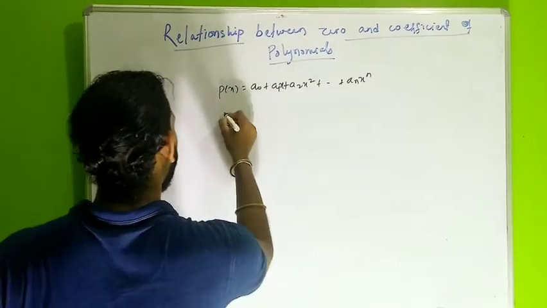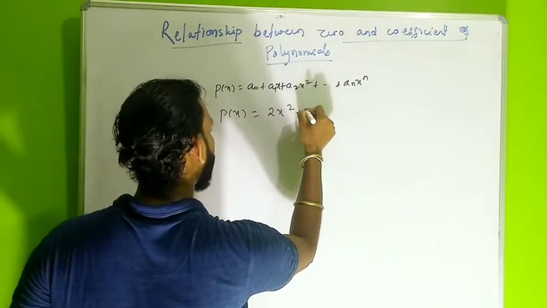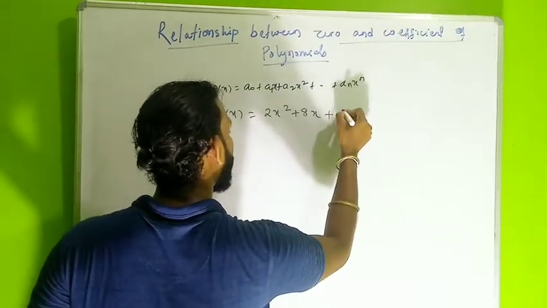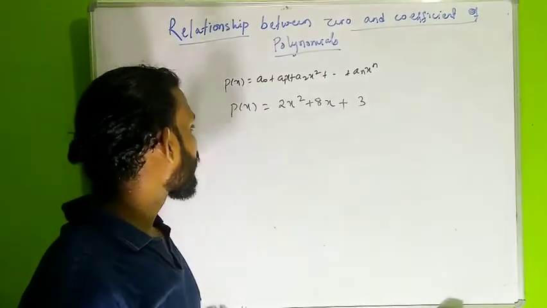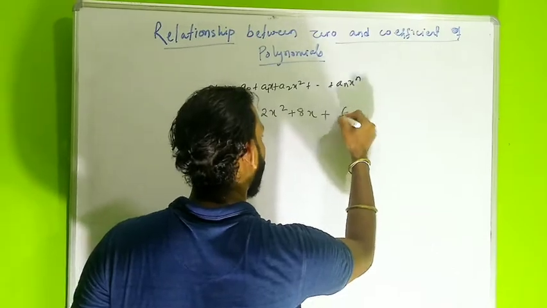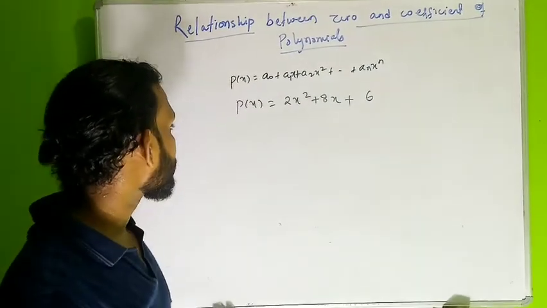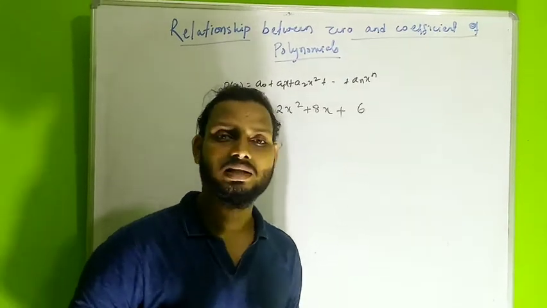Let us consider the polynomial p of x is equal to 2x squared plus 8x plus 6.